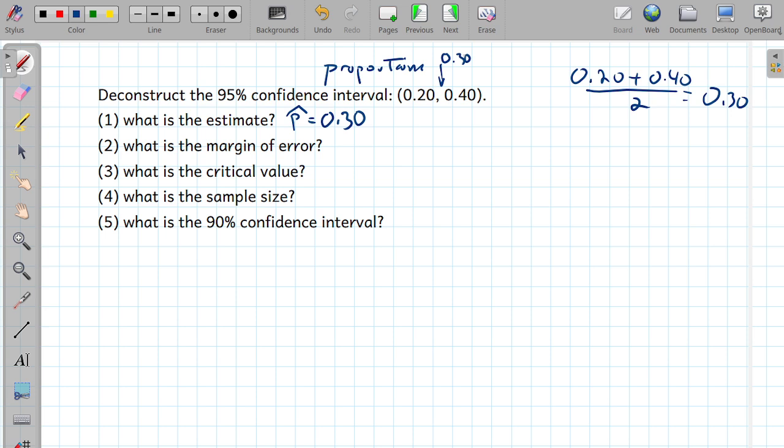Or what did I subtract to get 0.2? In general, you can take the upper bound and subtract p hat. So this is 0.40 minus 0.30 for the expected margin of error of 10 percentage points. So we're going to say m is 0.10.